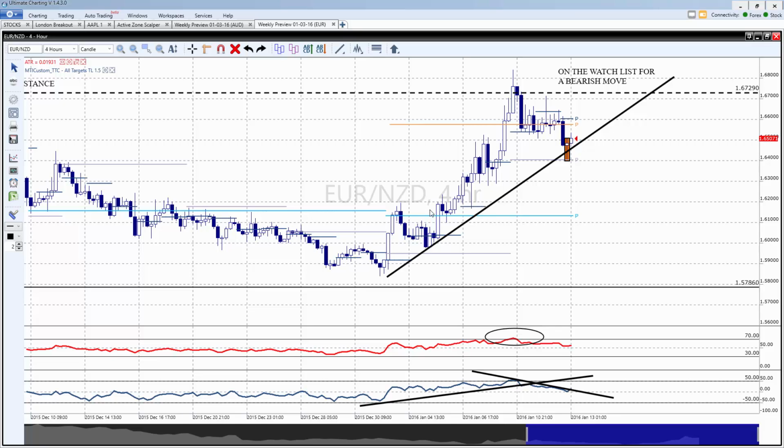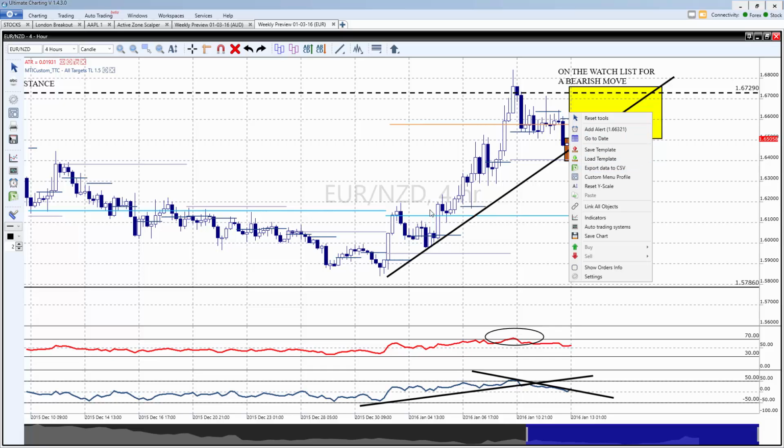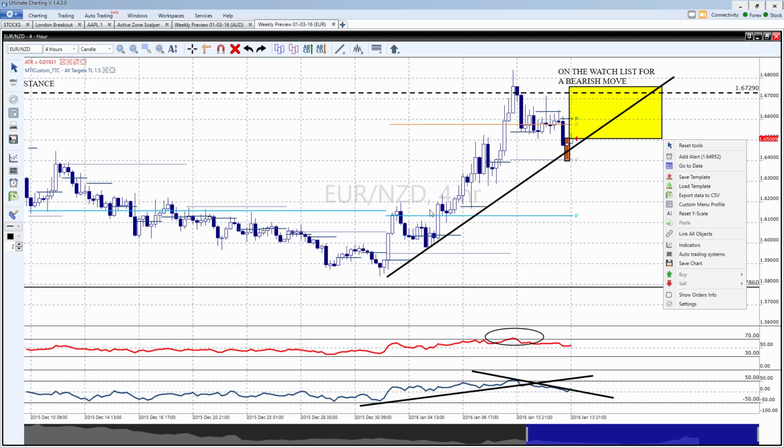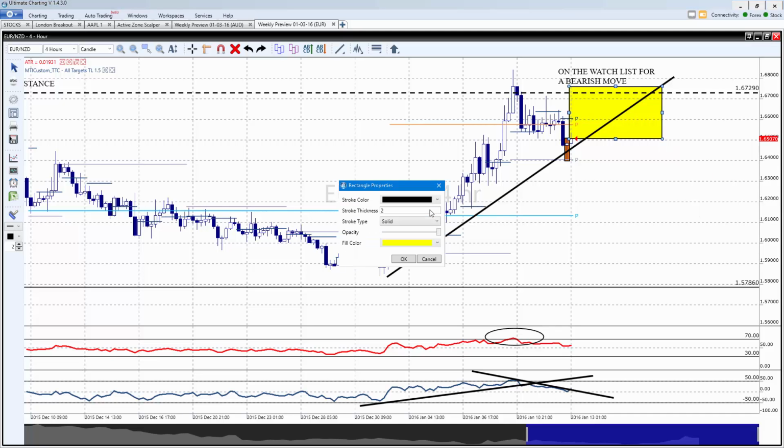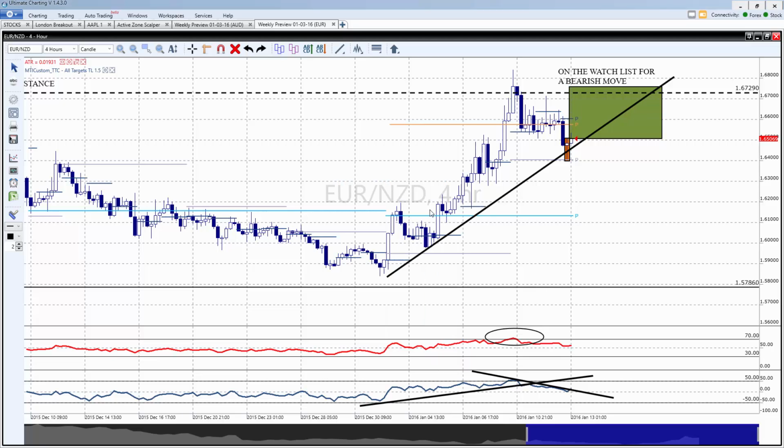I'll aim at the top of this candle. So the risk to target is about 2 to 1, a little over 2 to 1. I like that.